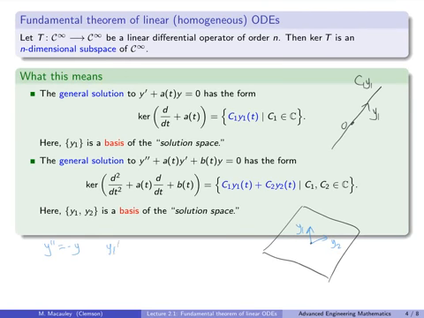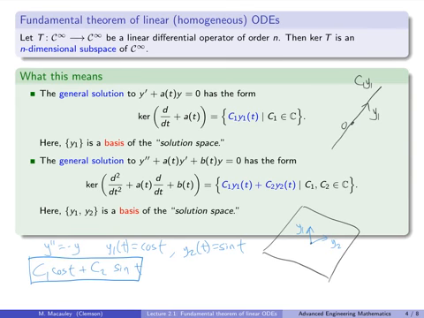So y1 of t equals cosine of t, and y2 of t equals sine of t. Well, that means that the general solution is of the form c1 cosine of t plus c2 sine of t. So this is the two-dimensional subspace of all solutions to this ODE right here.